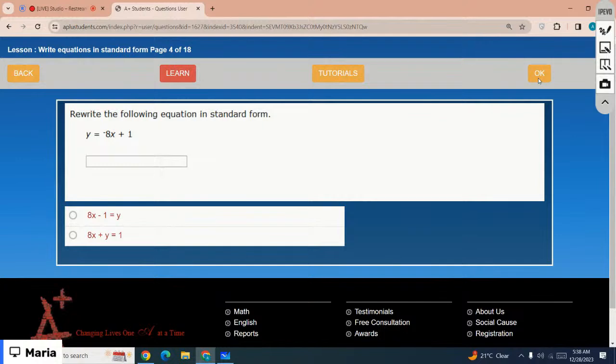The correct option is the second one, 8x plus y equals 1. That is the correct option.